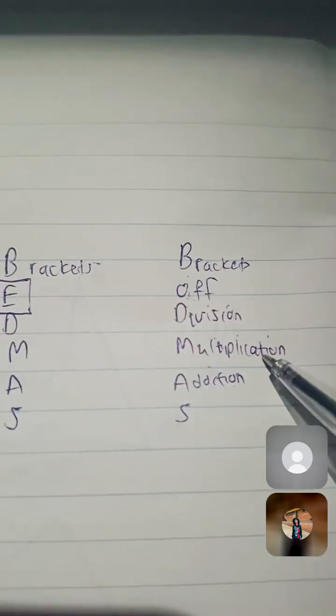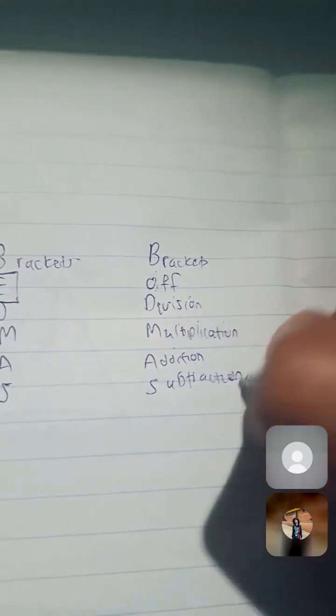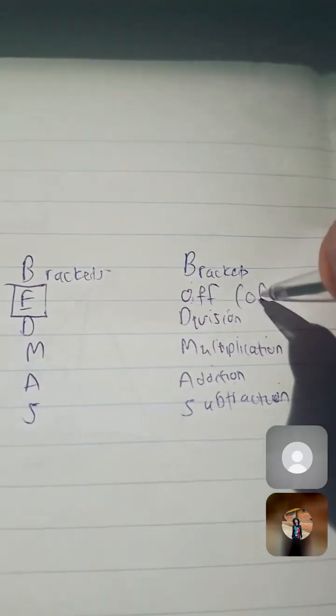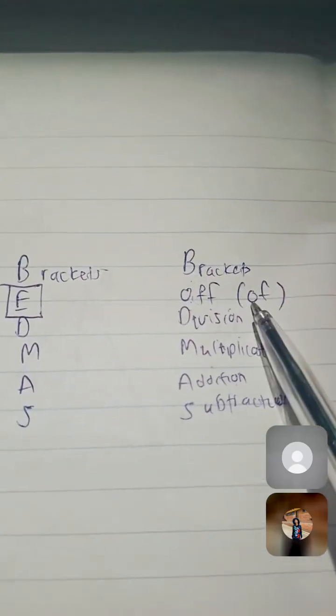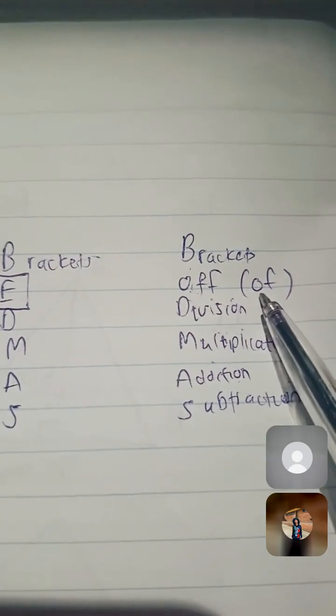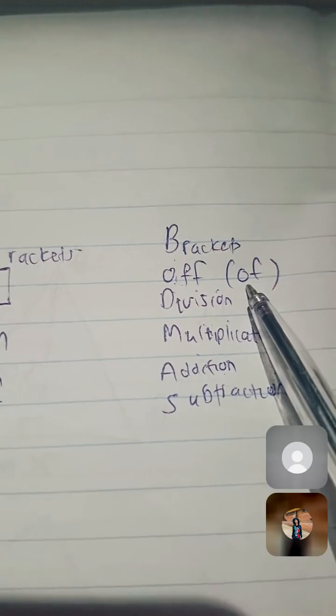Okay, then the A, addition. M, multiplication. The S, subtraction. Now, there in the comment section, there's someone who is saying your off is supposed to be O-F, the letter. Is he right? Yes, he is right.